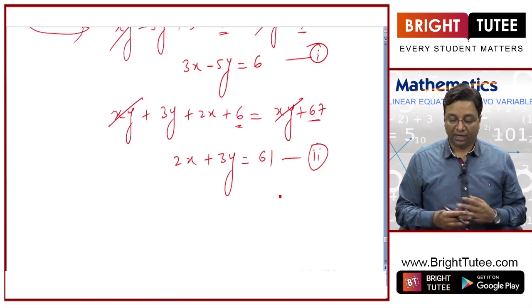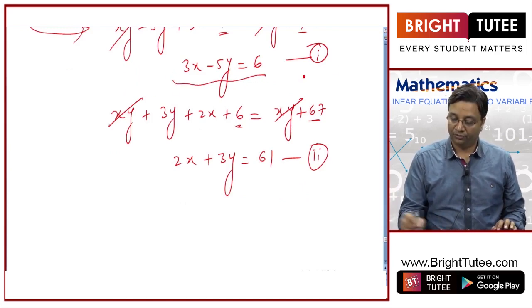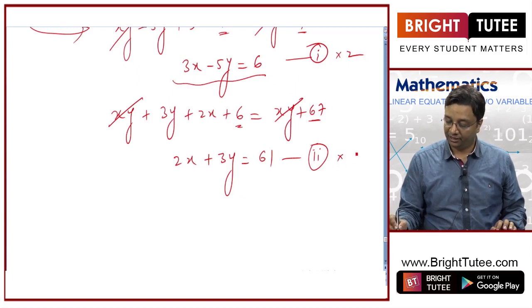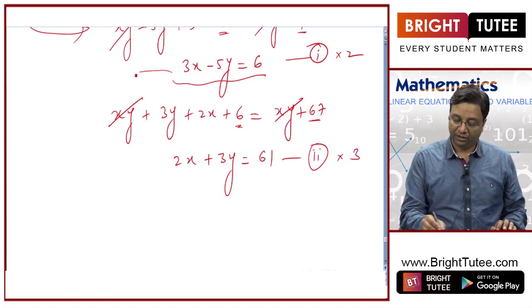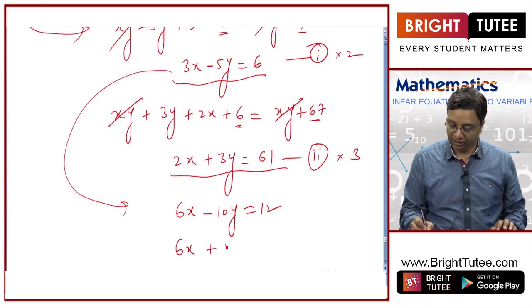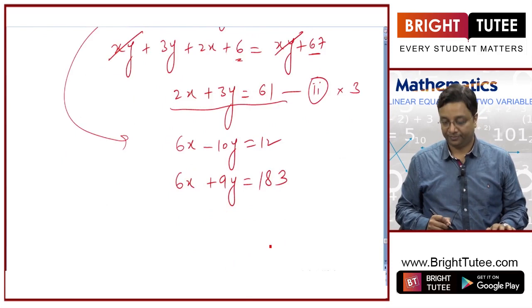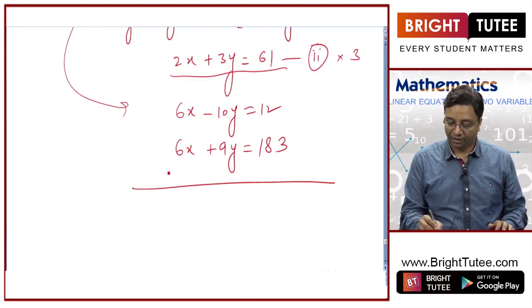Okay. Now I will use the elimination method to solve it. So I will multiply the first equation by 2 and the second by 3. So this multiplied by 2 will become 6x minus 10y equals 12, and this multiplied by 3 will become 6x plus 9y equals 183. Now subtract.